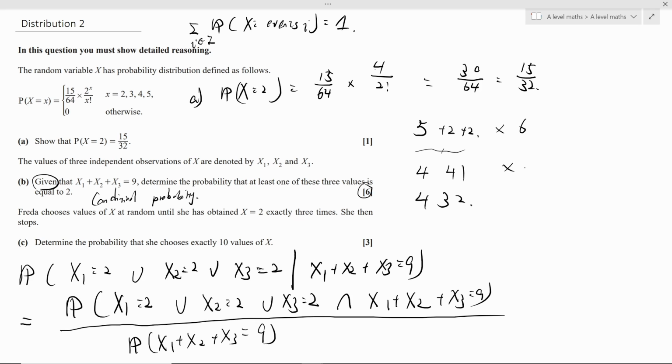Again, each of them accounts for 6 different combinations. And the last one is 3, 3, 3. That's only one possibility, so it accounts for only 1. Now what we need to do is sum all the probabilities together.